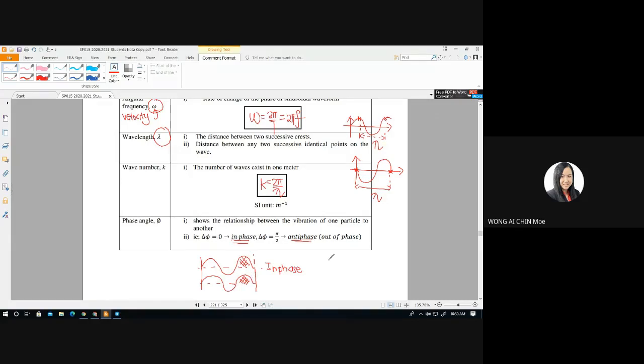Whereas if the first wave has positive amplitude and the second wave has a negative amplitude, we say there is a difference of phase angle, where the phase angle is anti-phase, pi over 2. Maksudnya satu atas, satu di bawah lah. So mereka adalah anti-phase.